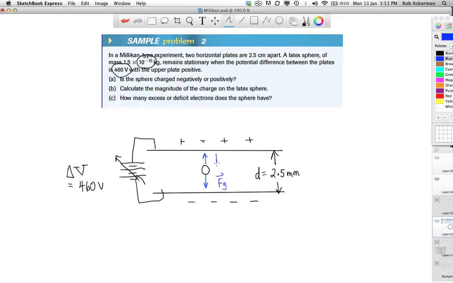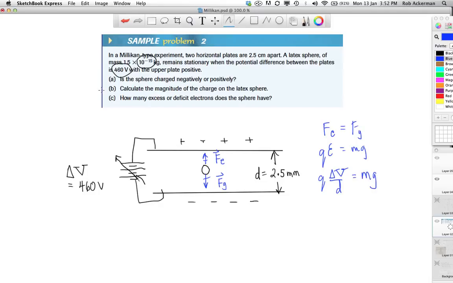The electric force would always be acting up, and these two are equal. So we can start saying something like this. Fe equals Fg. Qe equals mg. Q delta V over distance, which is the formula only for parallel plates, is equal to mg.